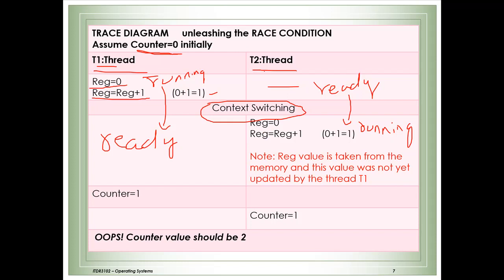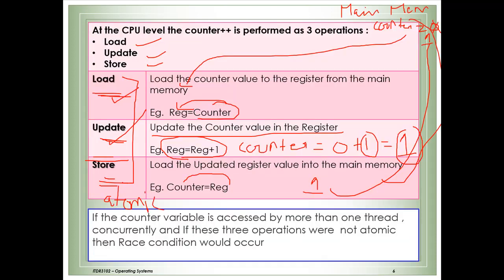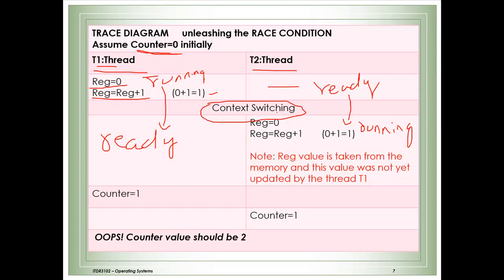Now again for T2, these operations have to take place: load, update and store, separately. So the load operation: please copy the value of the counter which is in the memory to the register. Now what is the value of the counter?